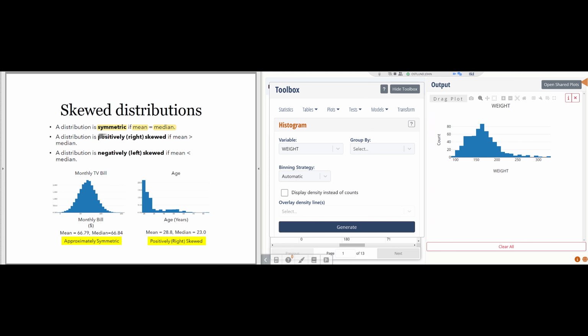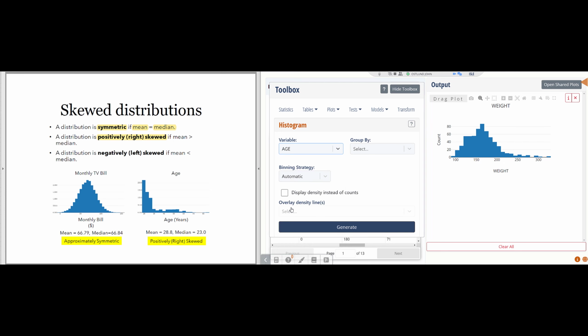On the other hand, if you have a right-skewed data set, that's being shown here for the ages of the people in our fast food test. Let's confirm that.